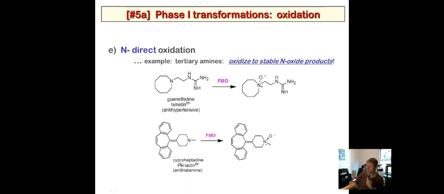Another one is cyproheptadine, or Periactin, which is an antihistamine. It's got a nice tertiary amine, and guess what happens with the tertiary amine? FMO reacts with it to make the N-oxide.